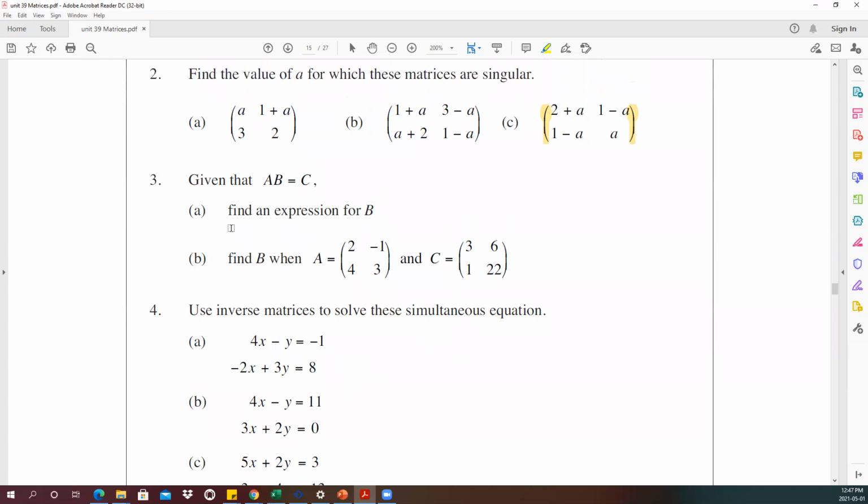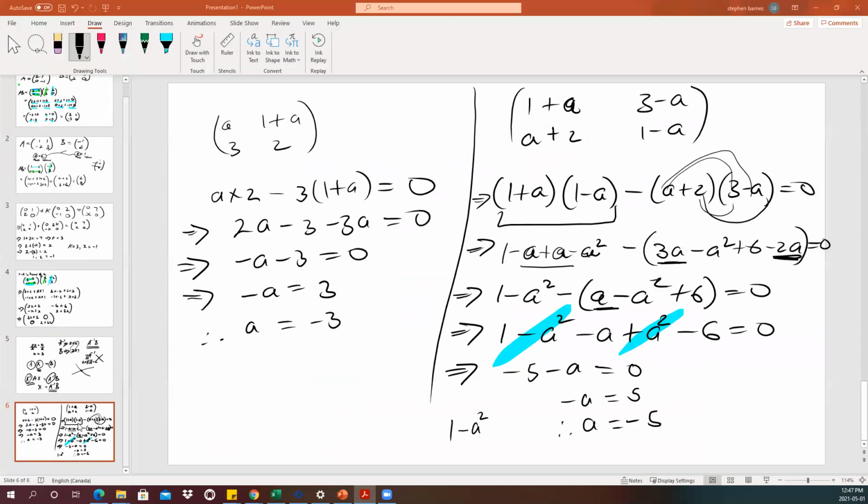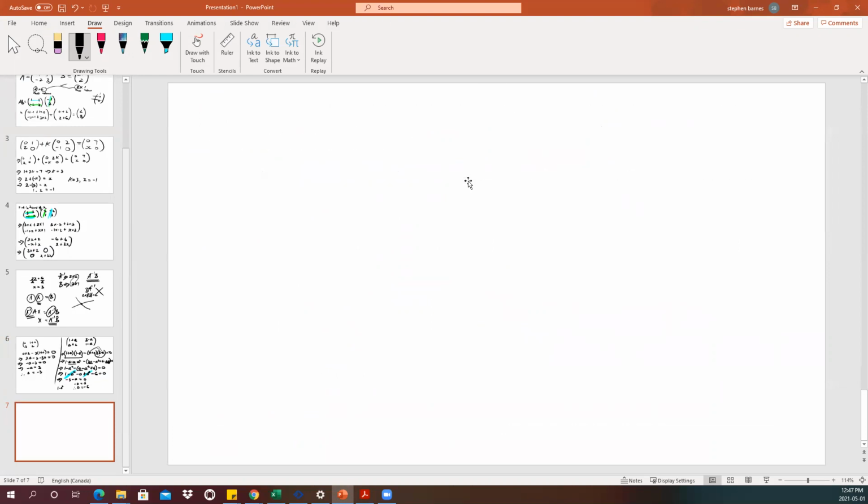If not, just do this one, because there are examples of these up top. So let us begin. So this will require some serious concentration.